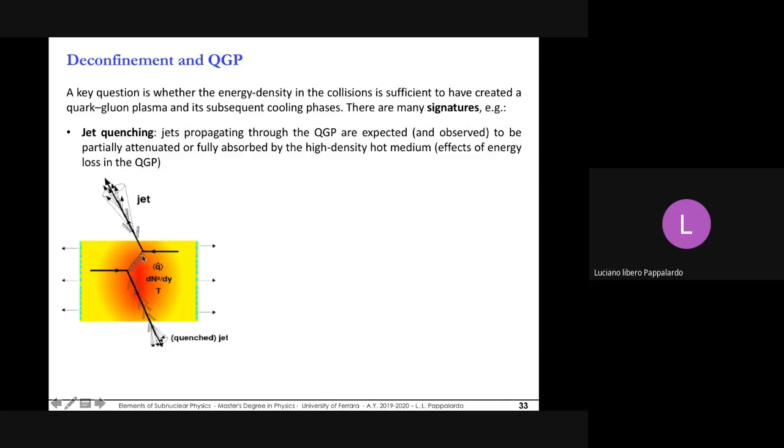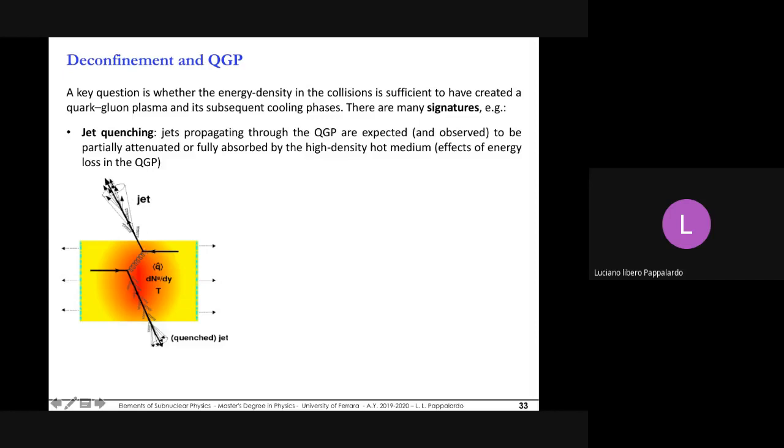So what happens is that while this quark travels inside this very hot, dense matter, it loses energy, okay? There is energy loss affecting the QGP, which is essentially given by the radiation of gluons. So the quark loses energy in this hot matter by radiating gluons, okay? And it loses much more energy if it is inside the volume than if it is created close to the border, okay? So what you observe is an asymmetric jet production.